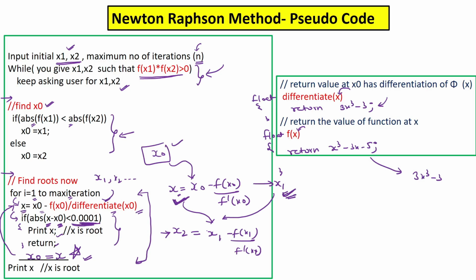Accordingly we will find the new x2, or you can say new x, and then again we will check whether the difference between this x2 and the previous x1. Let's say in the first iteration, i equal to 1, the x was 5, and after that x0 took this 5.